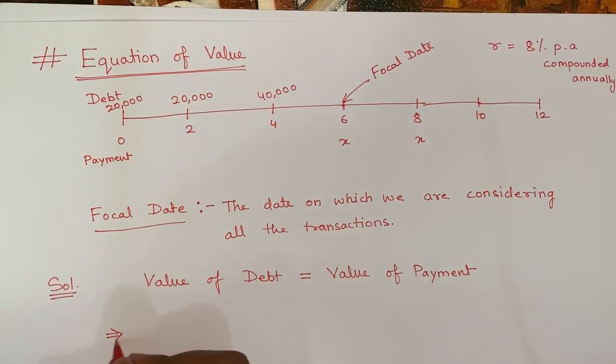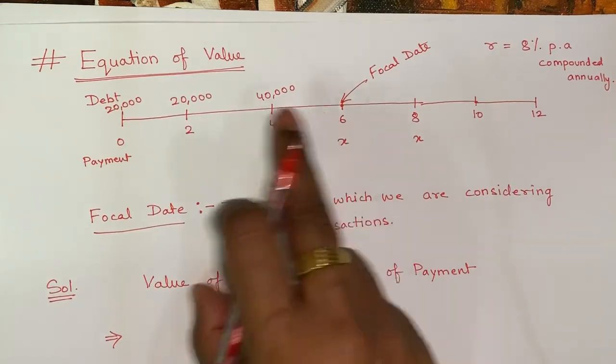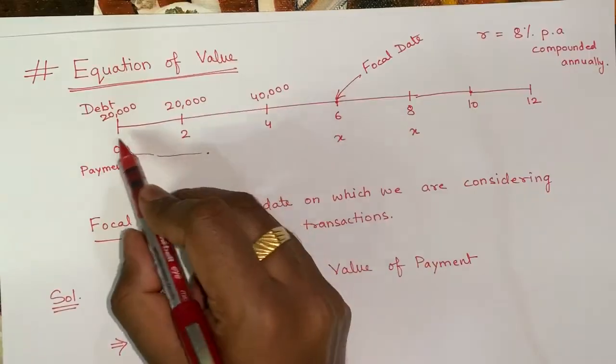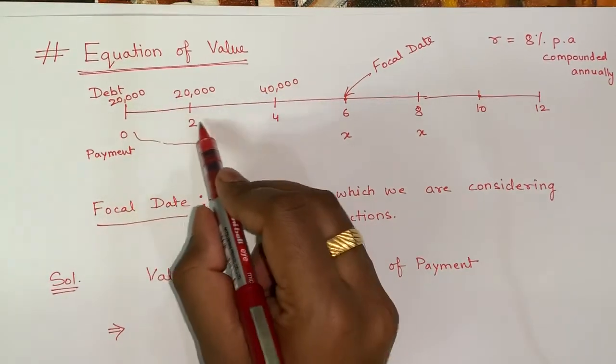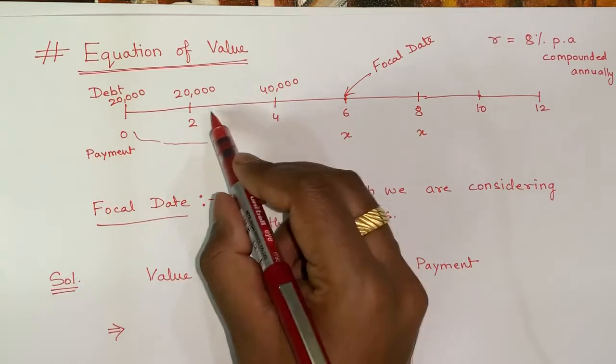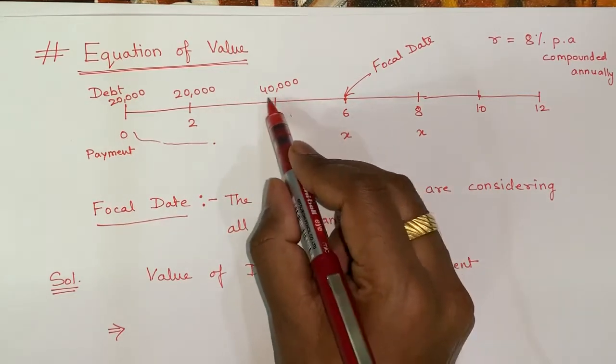So if I find out value of all these debts on 6th year, I need to add interest for 6 years in this 20,000. I need to add interest for 4 years in this 20,000, and I'll need to add interest for 2 years in this 40,000.